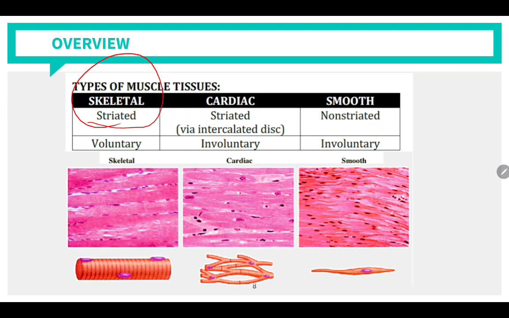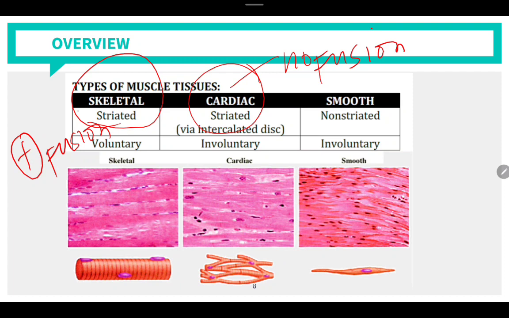Cardiac muscle is also striated, but because of the intercalated disc. Remember, there is no fusion involved in your cardiac muscle. However, in your skeletal muscle, there is fusion.